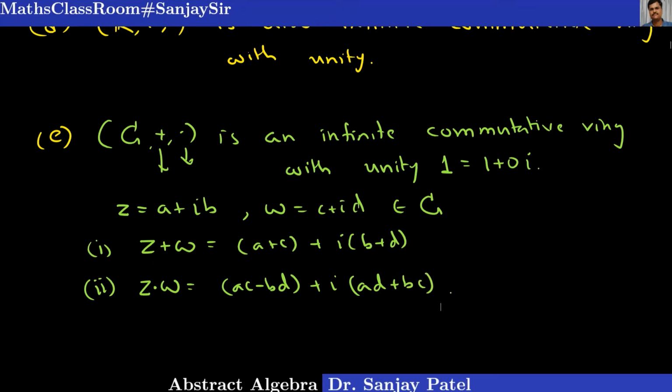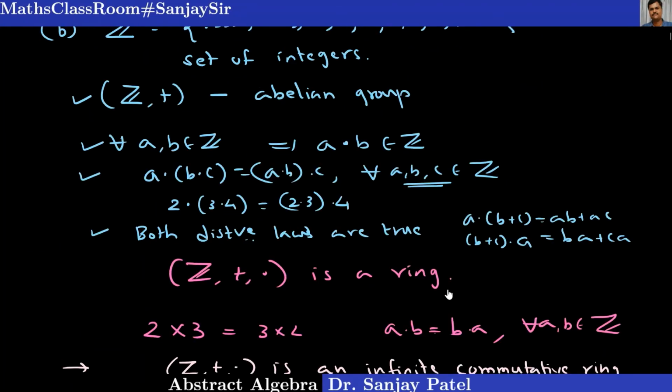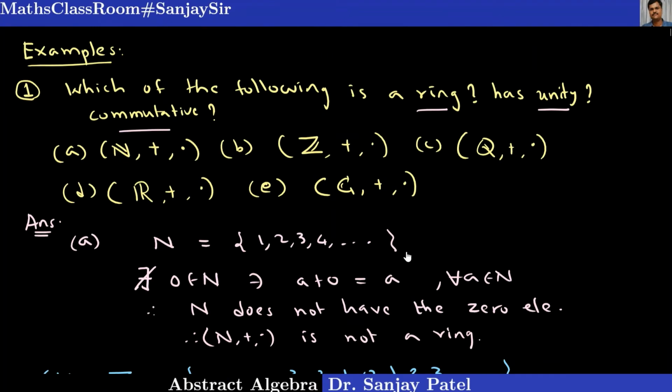For all these examples, I also want to discuss the concept of unit. What are the units of this ring? Let me add an extra thing over here. So for all examples, we are going to check all the definitions we have considered in our previous video.